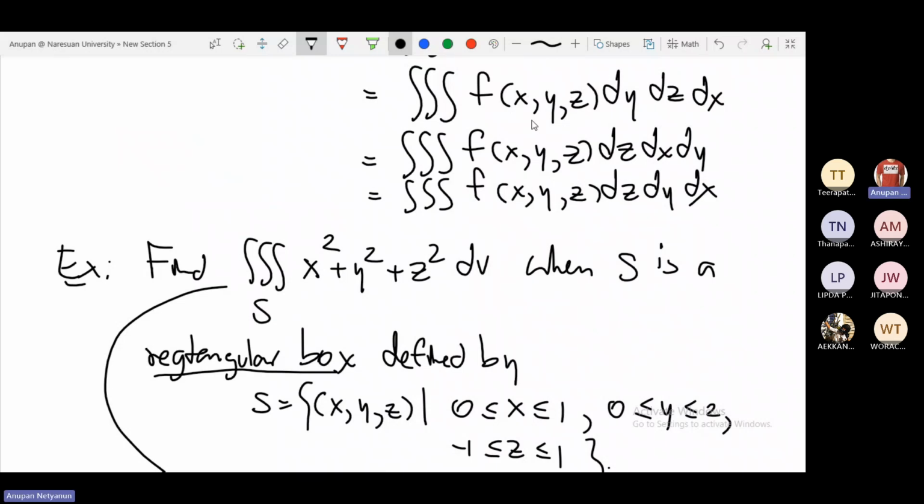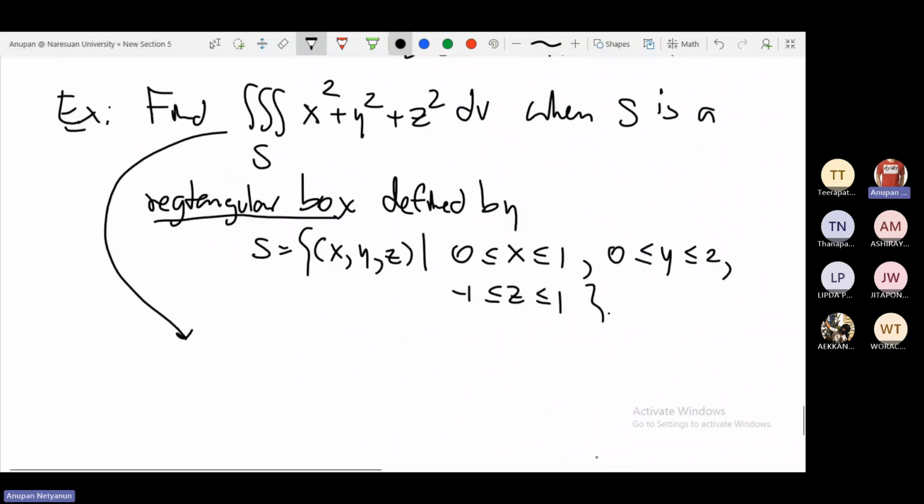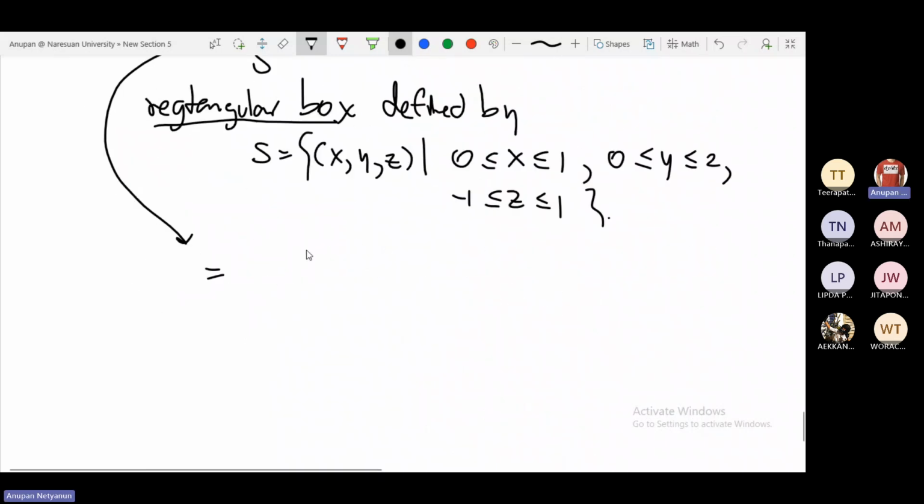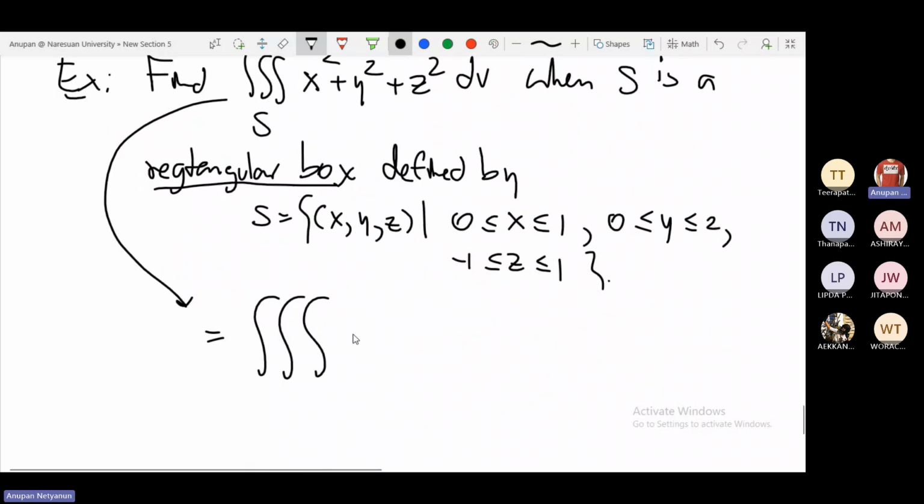Let me choose the order as the example: x squared plus y squared plus z squared, with the order dx first, dy, and then dz.